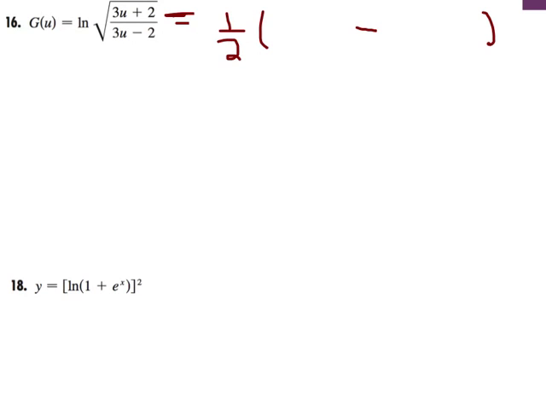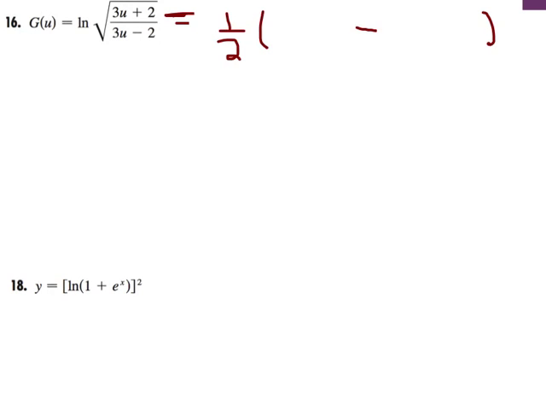Down here for number 18, do not be tempted to pull this 2 out as far as rewriting the function. Okay, so in this case we may be stuck with the function as is. Do you want to maybe try this derivative, pause the video, try the derivative, come back and see if you got the same answer.